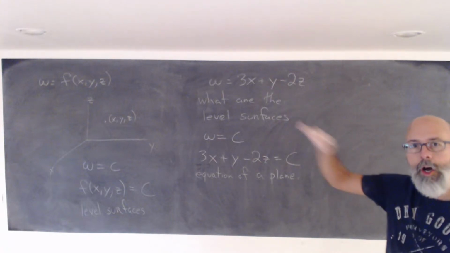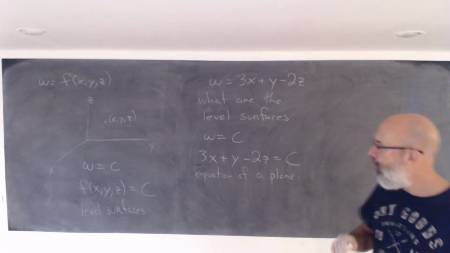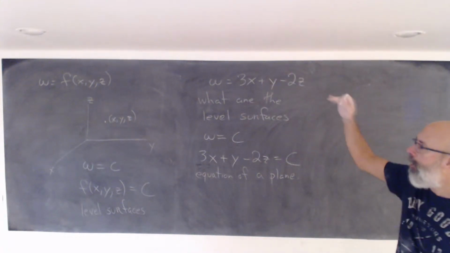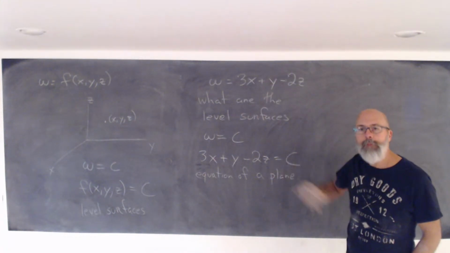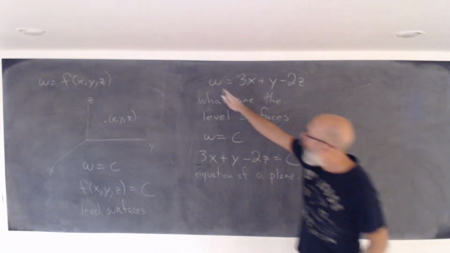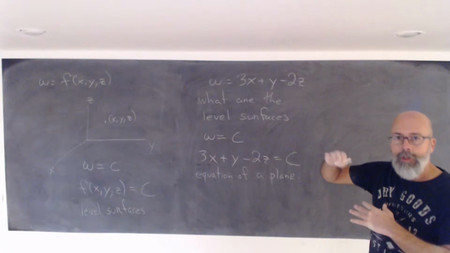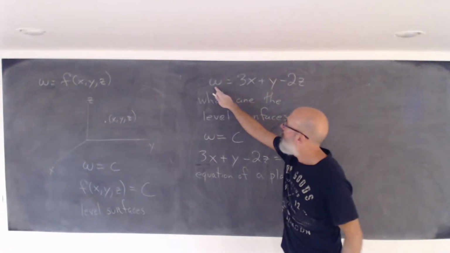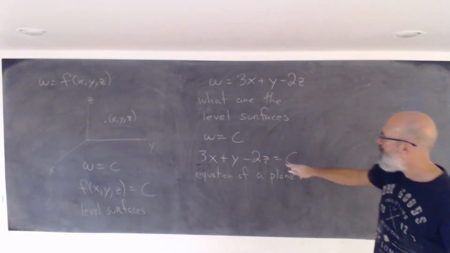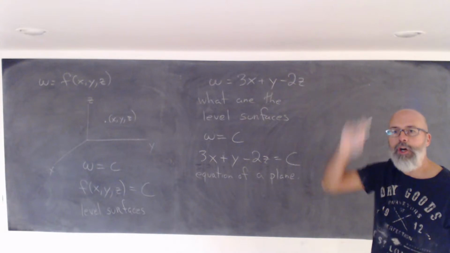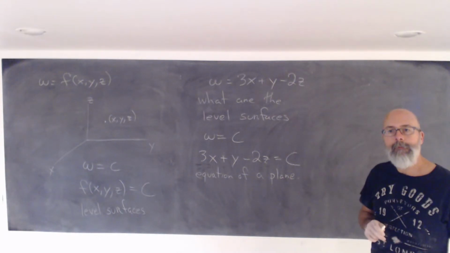So if you were to cut your object at different height w's, you would get planes. So this object is built by stacking planes one on top of each other in the direction of w.